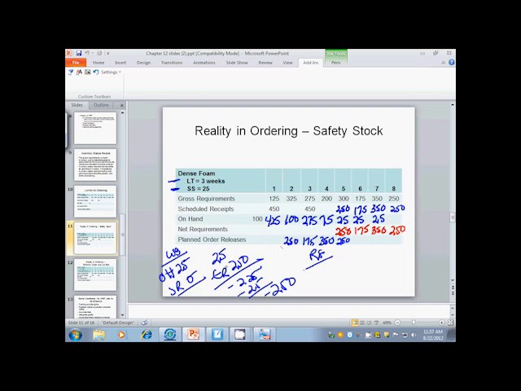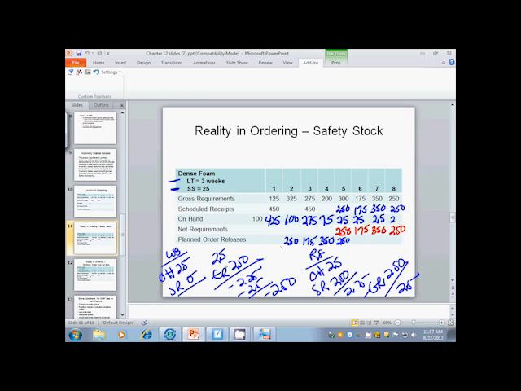Let's redo week 8. We start with on hand at the end of week 7, 25 units. Add in our scheduled receipts of 250. That gives us 275. Subtract out our gross requirements of 250, and that leaves us 25 units left over.